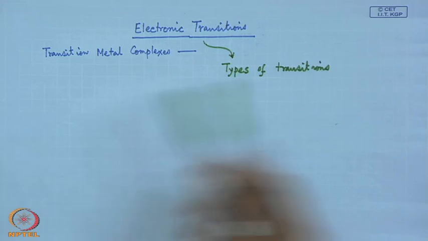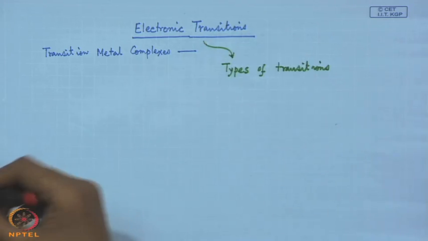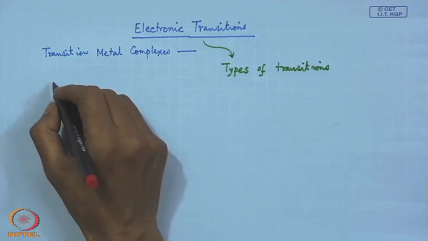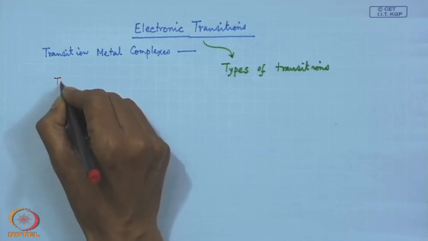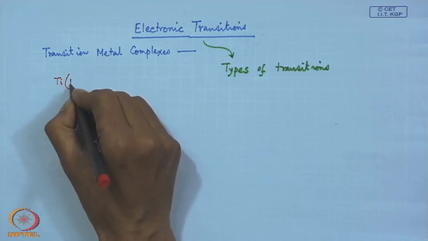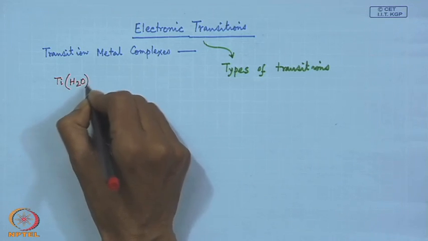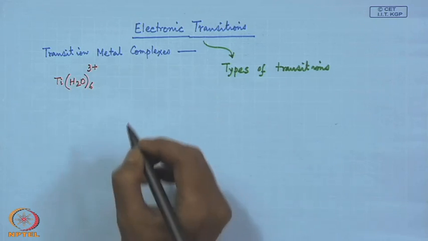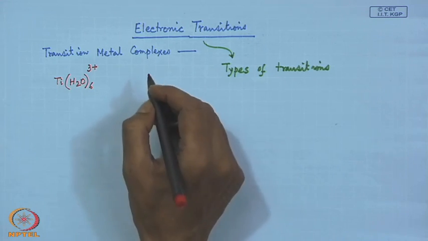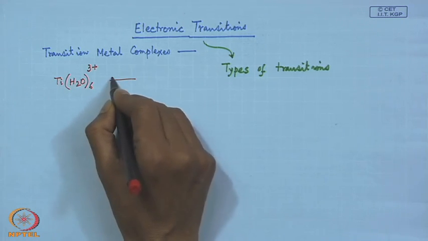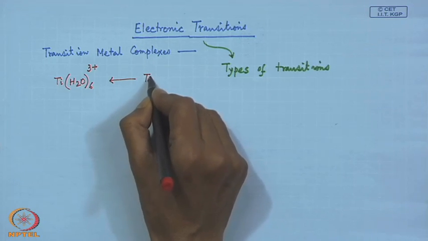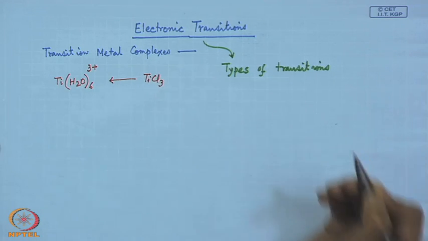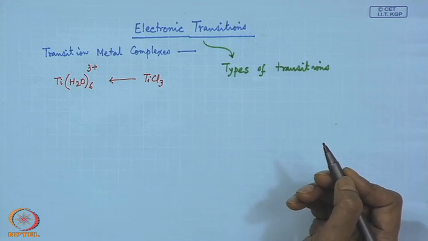and if we consider several such species including the metal salt which we can dissolve in water to get the corresponding species immediately, such as hexaaqua titanium 3 ion, which can be derived very nicely from the corresponding titanium chloride salt.